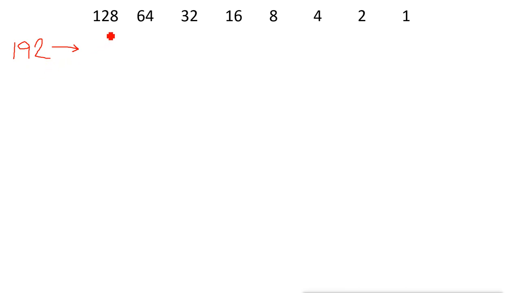For example, 128 is less than 192, so I can enable this bit. So this bit is enabled. Now when you combine 128 with 64, you will get 192. So actually these two bits are on and the rest of the bits are off. These are 0. So we are counting only those bits which are on. So this is the decimal version and this is the binary version of that number.